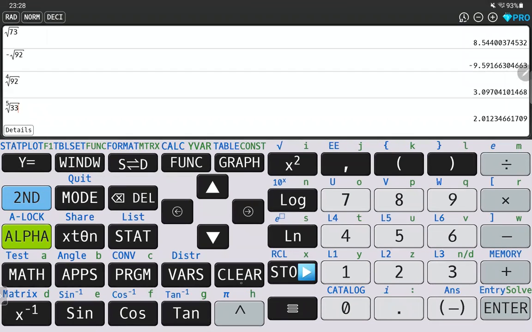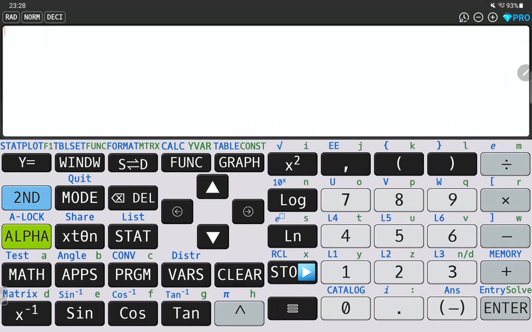So let me clear all of this. The first thing I would do is find my multiplication. I would do 0.01234 times 1, 2, 3, 4, 5, 6, 7, 8, 9. That's the first part I would do.